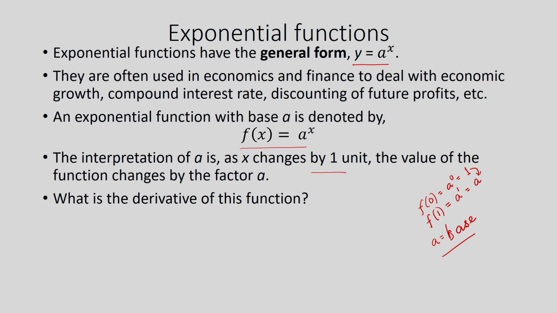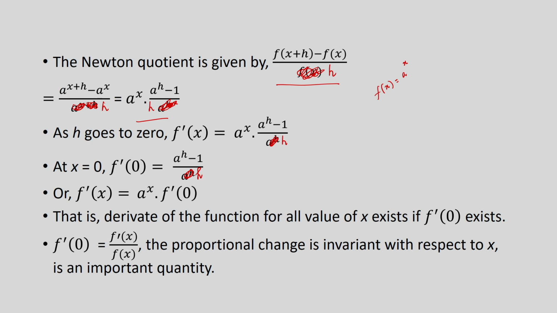Now, if a function is given, then we may want to find out what is the derivative of this function. So, that is the second thing that we are going to look at. The function we have defined is a to the power x, but what is f dash of x? So, here is the Newton quotient.